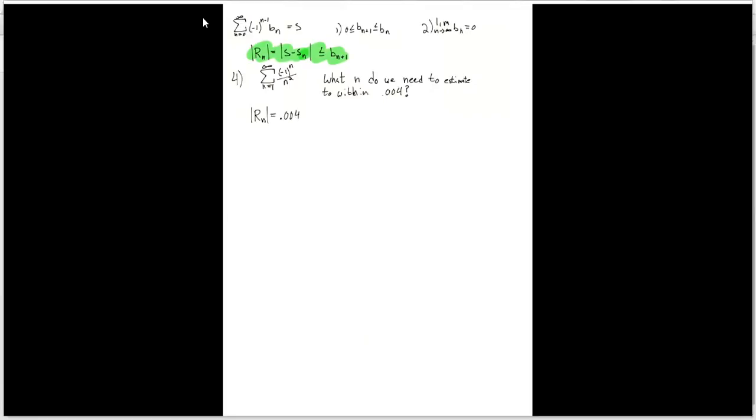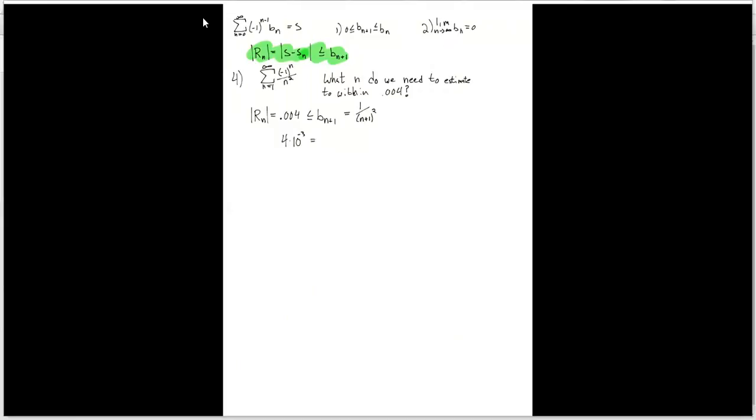And we know that this has to be less than or equal to our b_n plus 1. Well, this is equal to 1 over n plus 1 squared, right? So rewriting our 0.004, we can write this as 4 times 10 to the negative third.